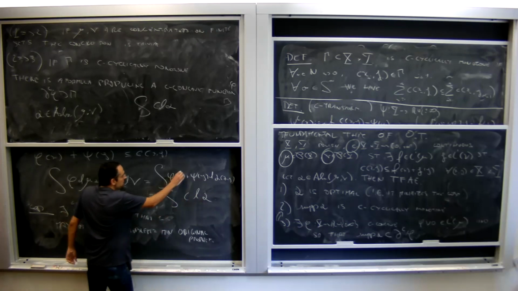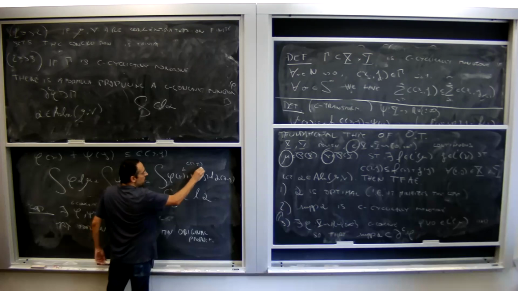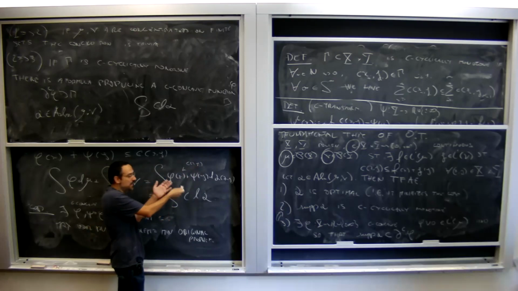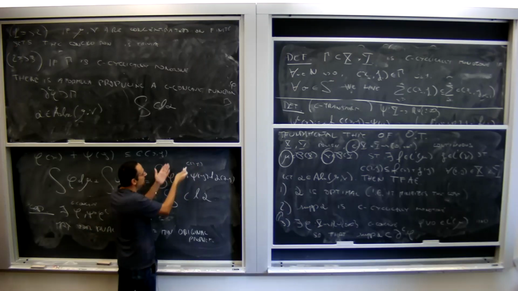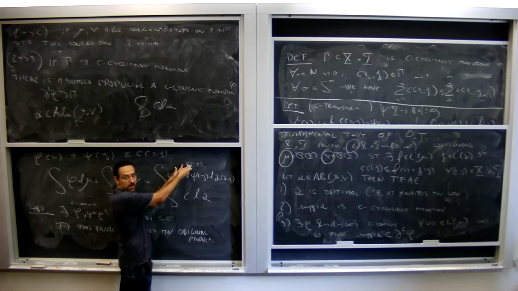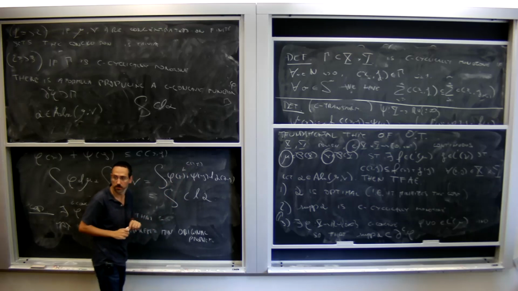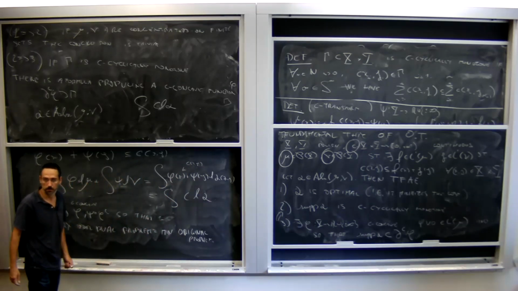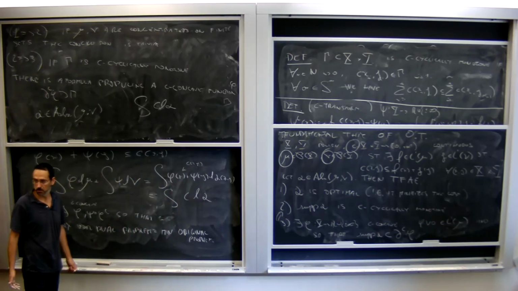But this is always less or equal than c(x,y). So if the integral of this function in the beta is equal to the integral of the cost in the beta, it means that I'm concentrated on points where phi(x) plus psi(y) is equal to c(x,y). Make sense? Think about this.